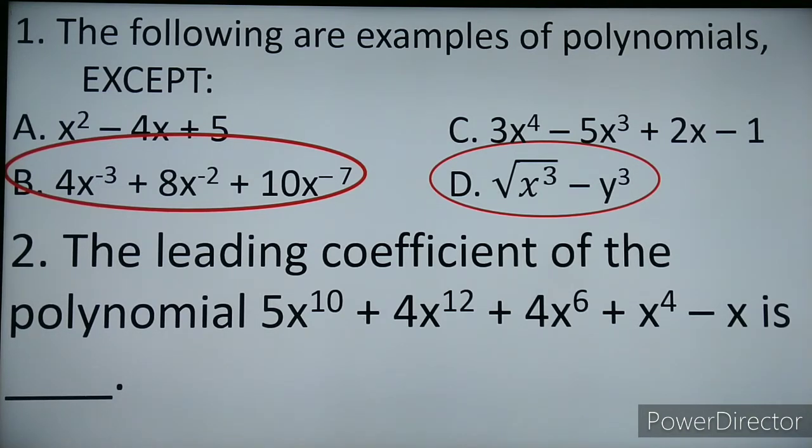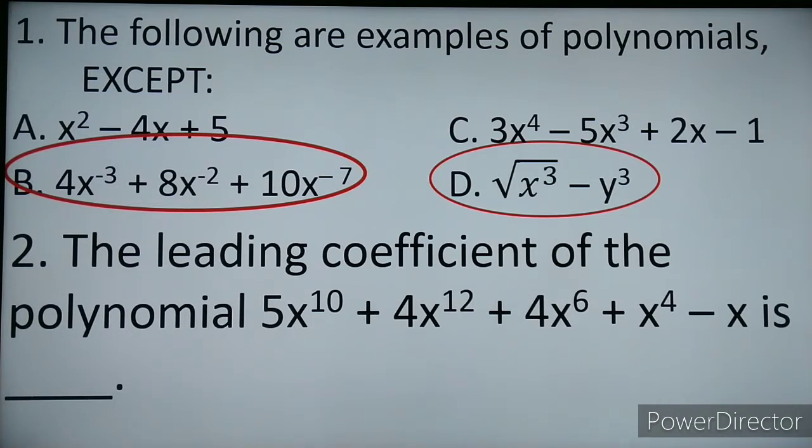So if you are going to find the leading coefficient, you need to arrange the polynomial in descending order in terms of their exponent. So what is your answer? Then you can find the leading coefficient from the biggest or the highest exponent of the polynomial, or highest degree.